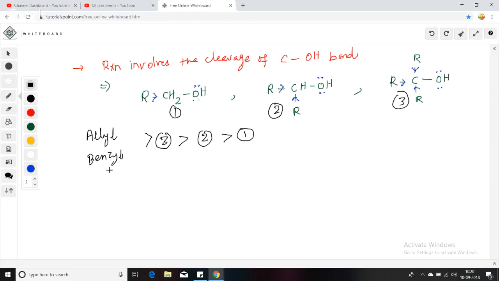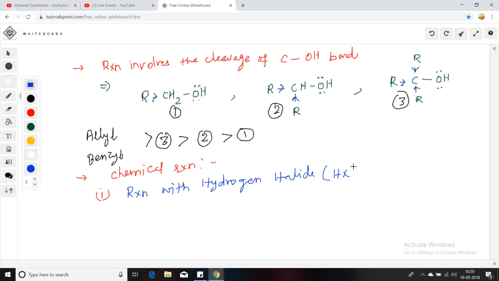Now the first chemical reaction which involves this kind of cleavage is the reaction with hydrogen halide, reaction with HX.